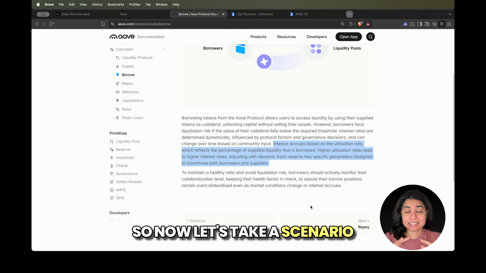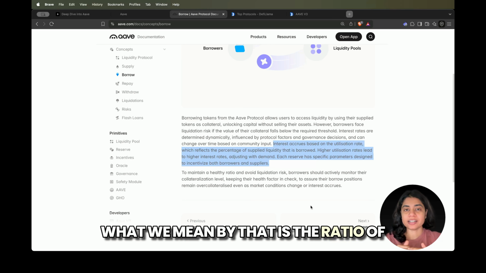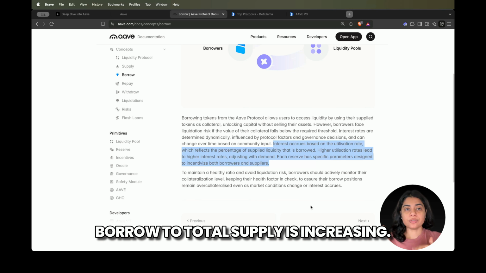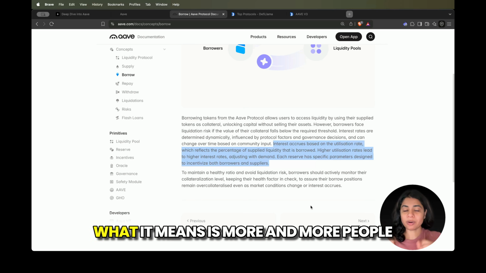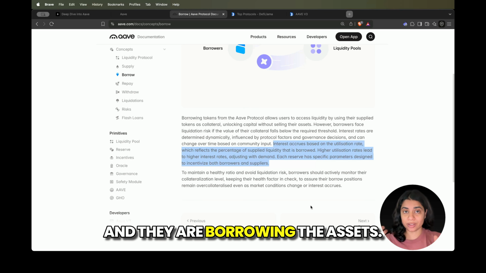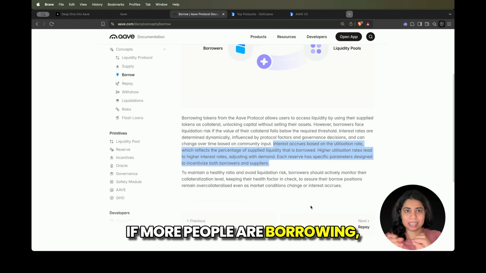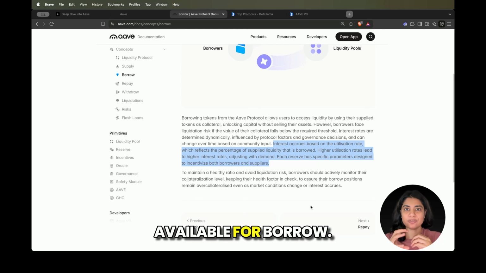So now let's take a scenario where the utilization rate is high. What we mean by that is the ratio of borrow to total supply is increasing. It means more and more people are coming into a liquidity pool and borrowing the assets. So if more people are borrowing, there will be fewer assets available to borrow.